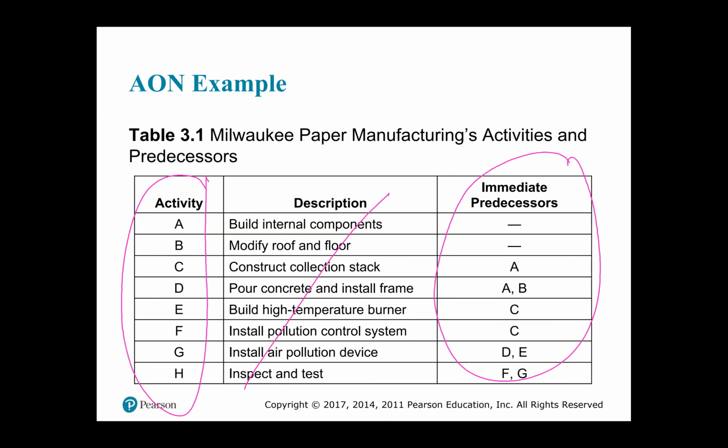So we're going to focus on the activity and the immediate predecessor relationships. So again, I'm going to erase my page and then turn the page, all right? So you have your copy of that.